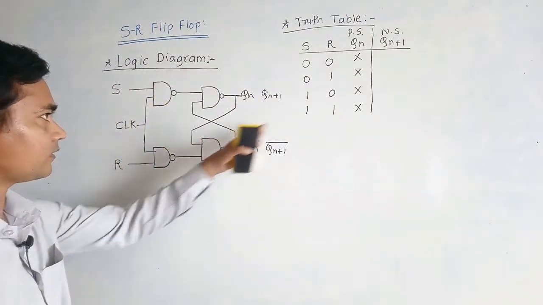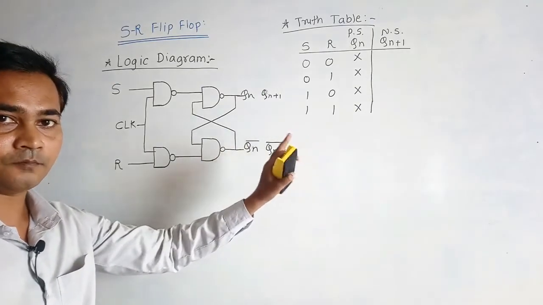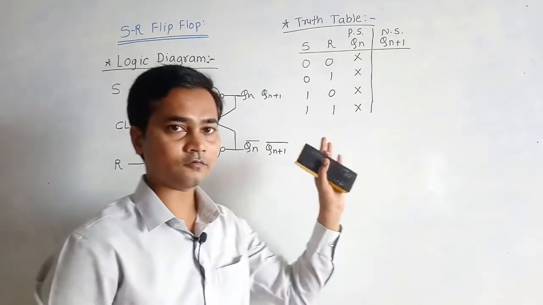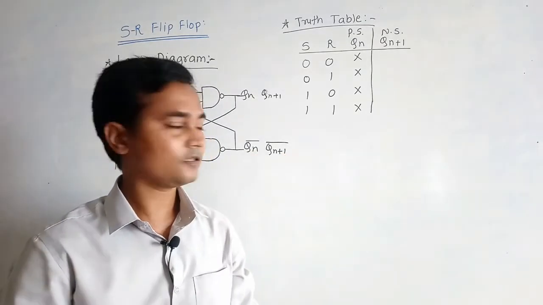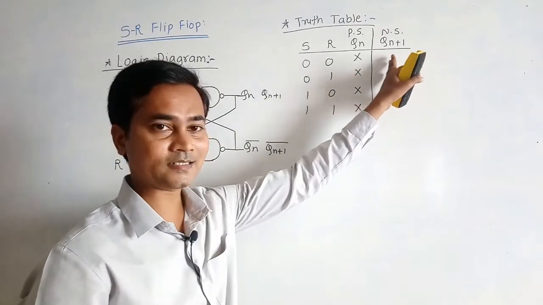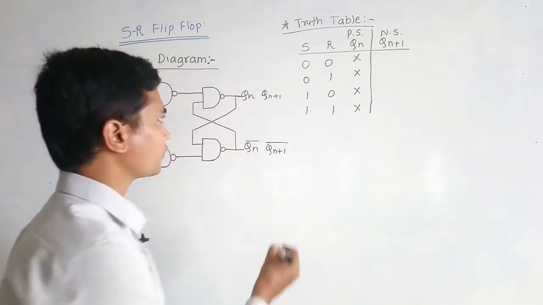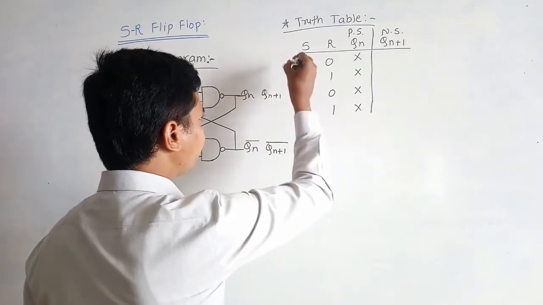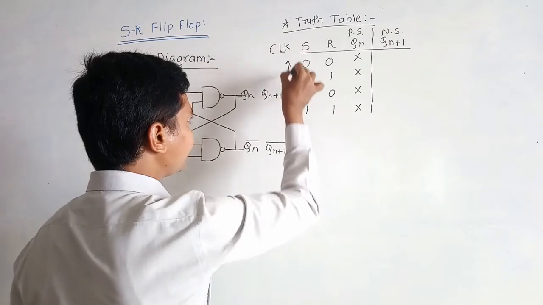Along with these 3 inputs we have to consider the clock pulse also, because if you don't apply the clock pulse, the next state will not be obtained. In this diagram we are considering the clock pulse as rising edge.